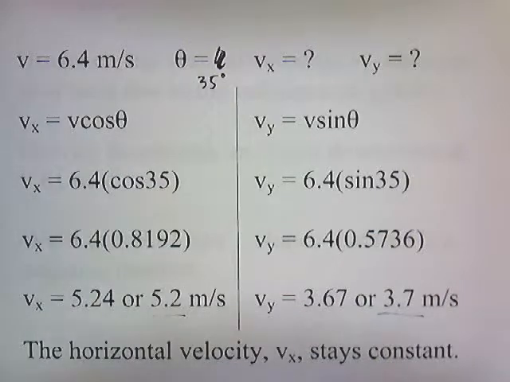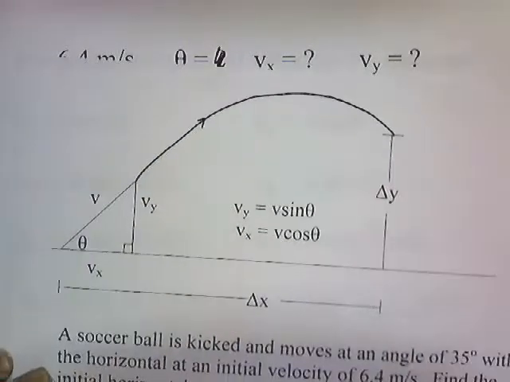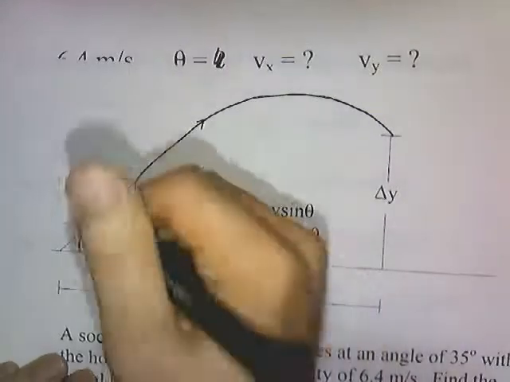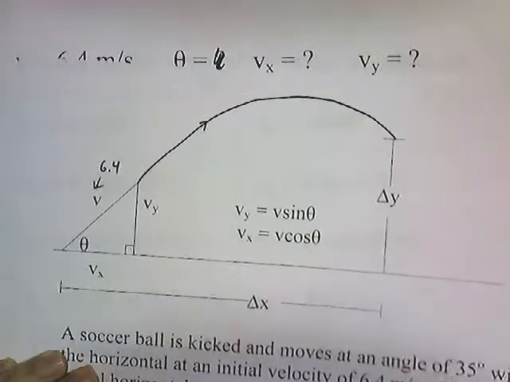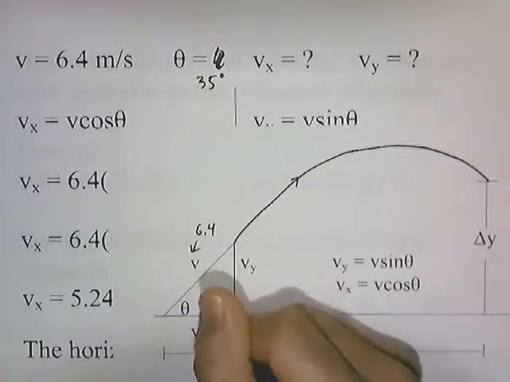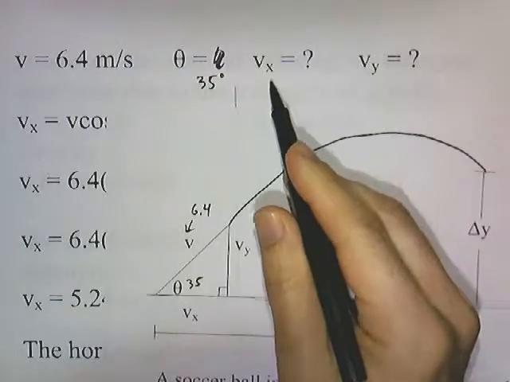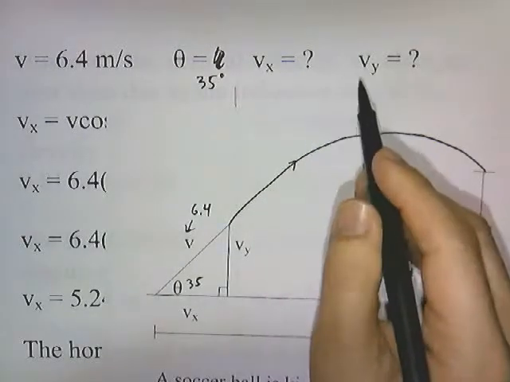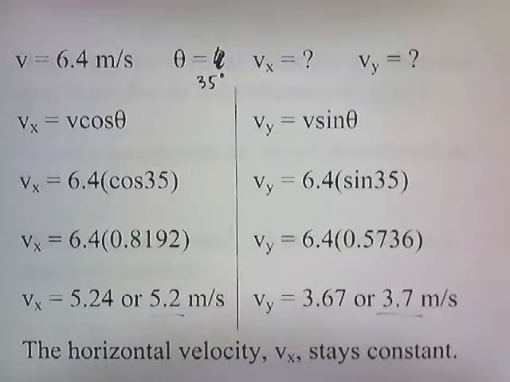So here's what's given. The initial diagonal velocity is 6.4. The angle is 35. And we don't know the horizontal velocity and we don't know the vertical velocity. So let's go about solving for that.